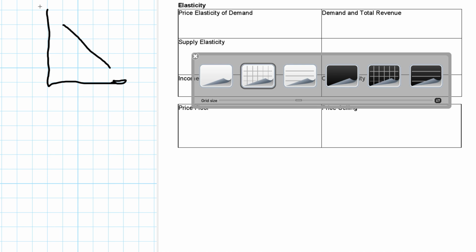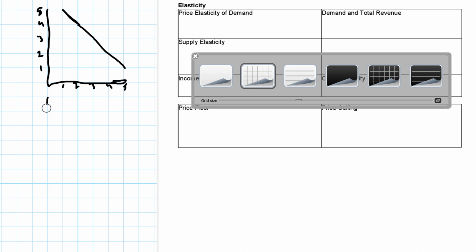And these are prices 1, 2, 3, 4, 5. Actually, let's scoot this out a bit. Hold on. All right, so here's this. And my quantities are 1, 2, 3, 4, and 5.